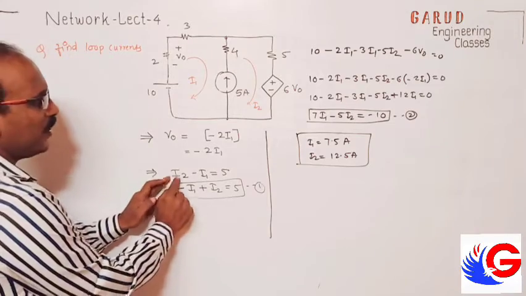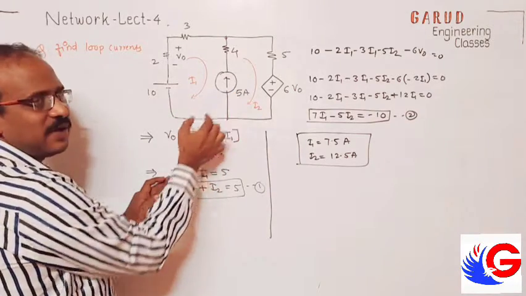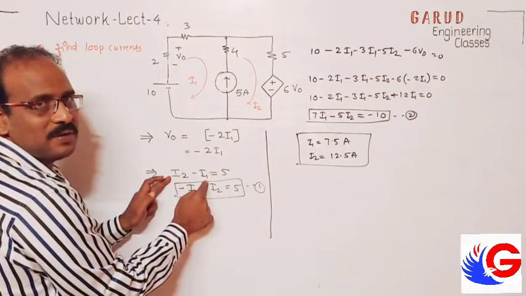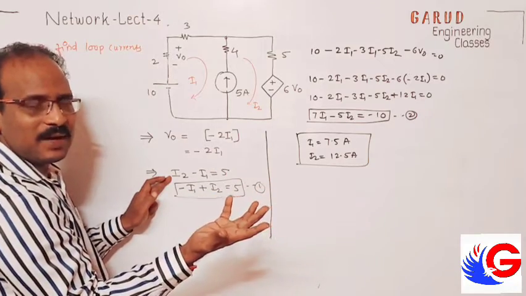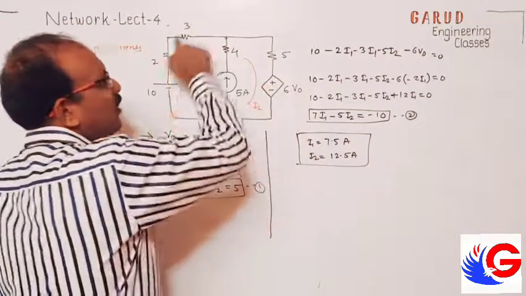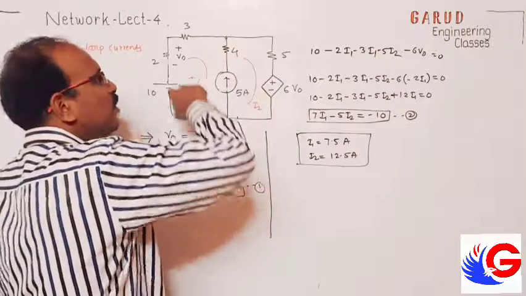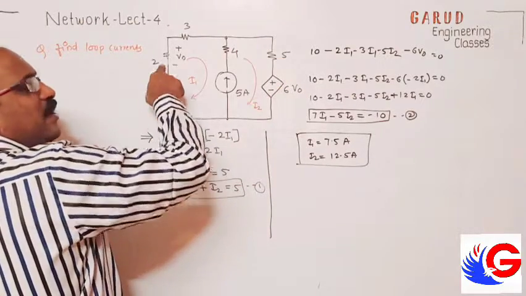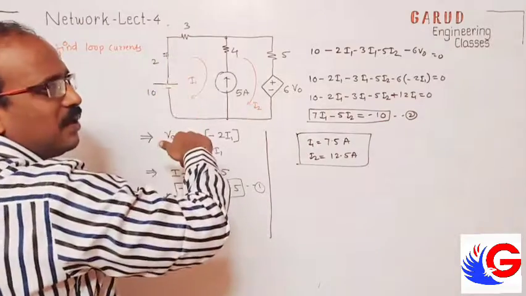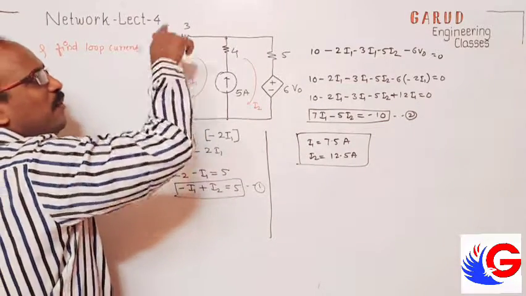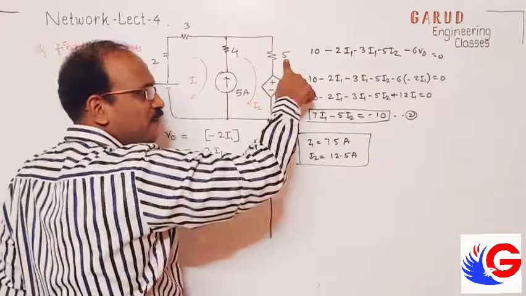Here we can write KVL. First express the current source, like ordinary BEE. Write KVL in the direction excluding the current source. So if you write KVL: 10 minus, you don't consider this, 10 minus 2I1 minus 3I1 minus 5I2.